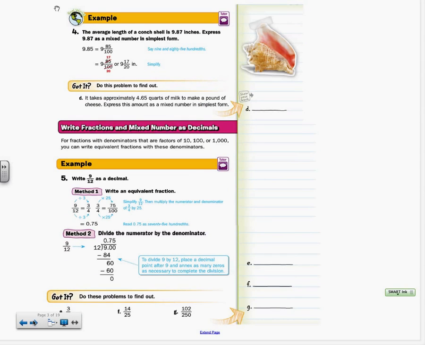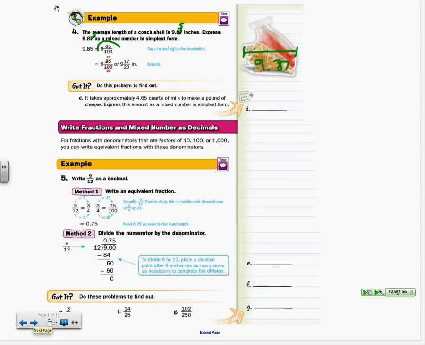Example 4. The average length of a conch shell is 9.87 inches. So they're talking about this shell right here. Express 9.87, or 9 and 87 hundredths, as a mixed number in simplest form. Oh boy, I see an error. Let's change this to a 5 to match the problem. So that's an error in this book.